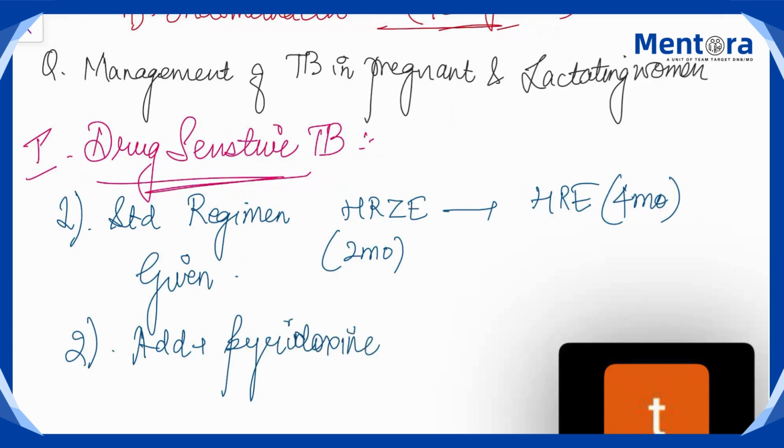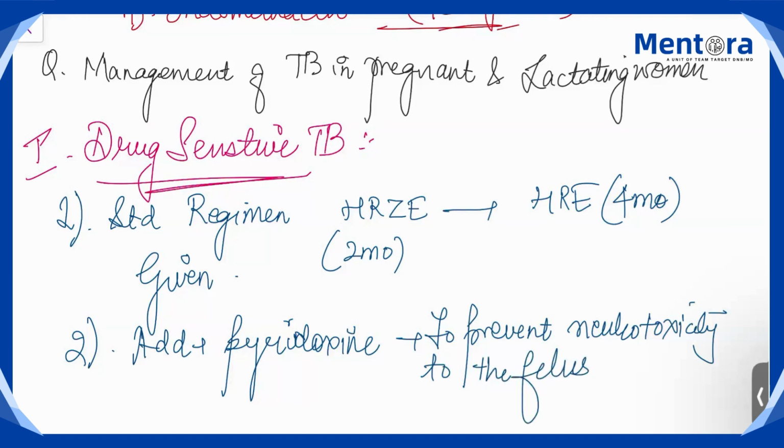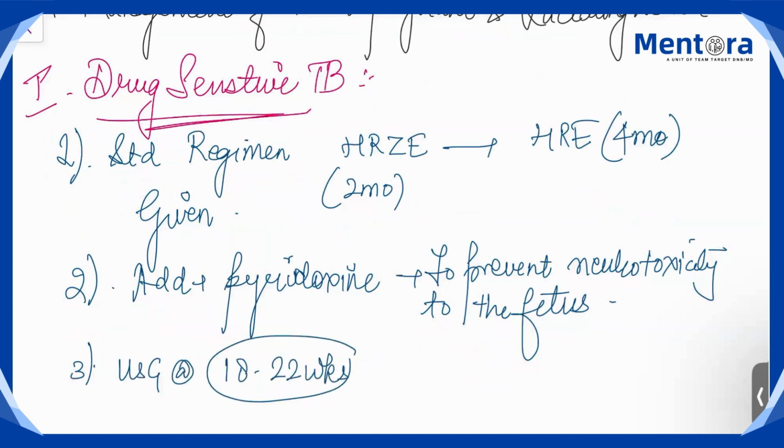Why add pyridoxine? So as to prevent neurotoxicity to the fetus. So pyridoxine is very important in this. Do an ultrasound at 18 to 22 weeks of pregnancy. Why?